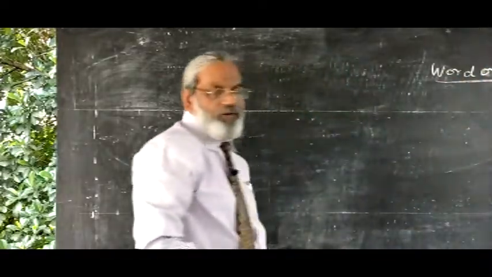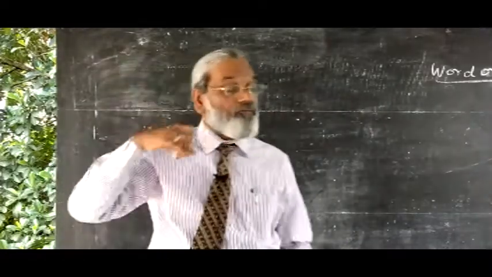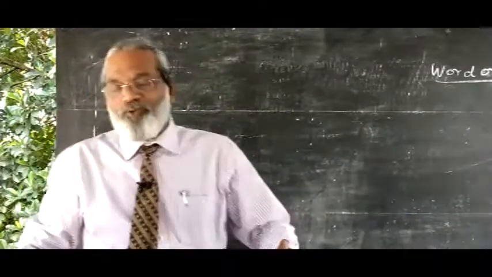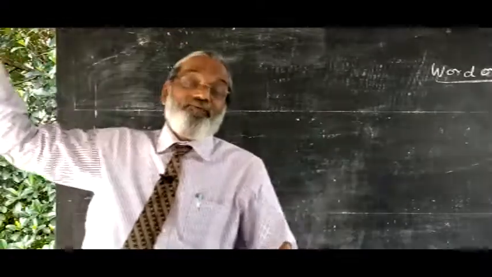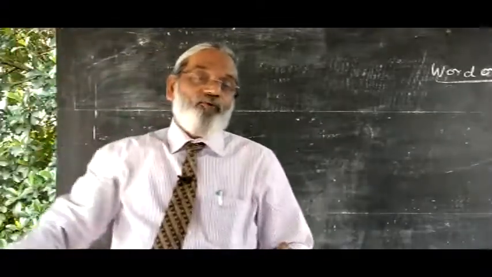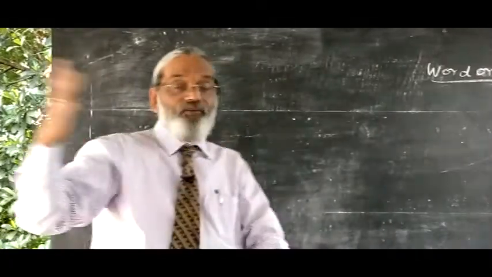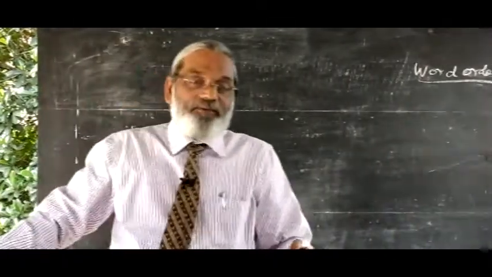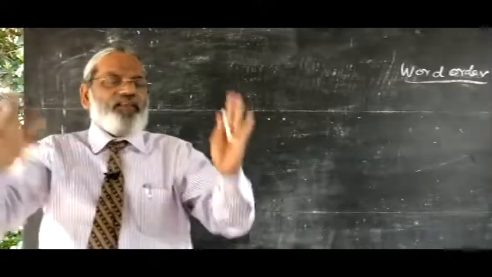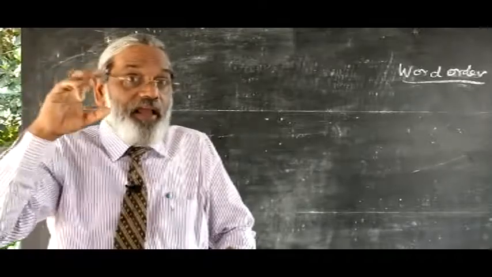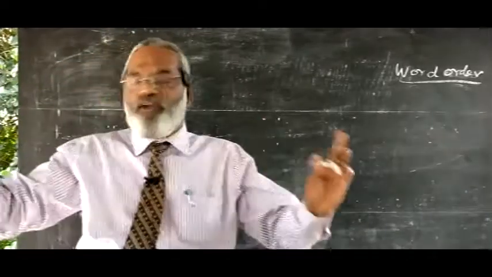Probably we are dealing with this topic at least 10 times. From the transaction level, semester 1 onwards, we are doing this word order. Again, it is coming in the later chapter. So, first thing that you keep in mind, English language has a non-flexible word order.